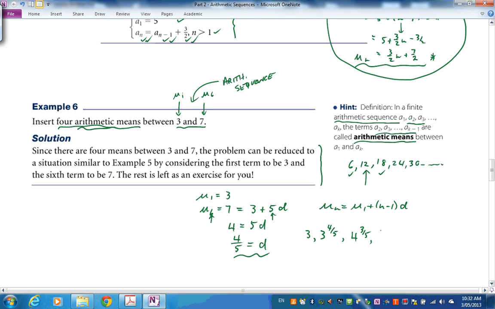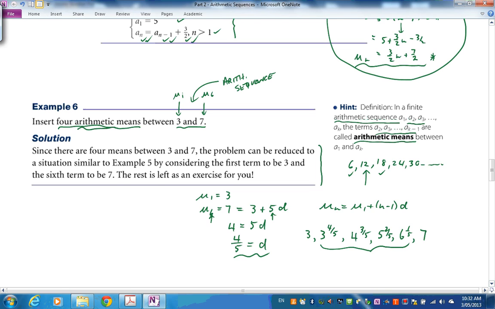And adding another 4/5 will be 5 and 2/5. And adding another 4/5 be 6 and 1/5, and adding another 4/5, it works out to exactly 7. So we call these the terms of an arithmetic sequence in there, or arithmetic means.